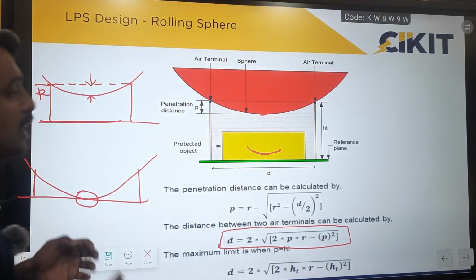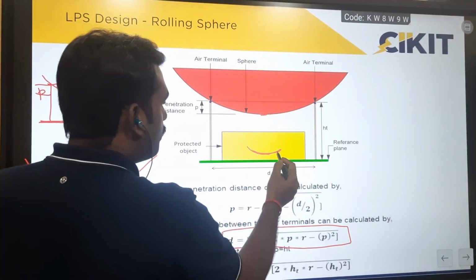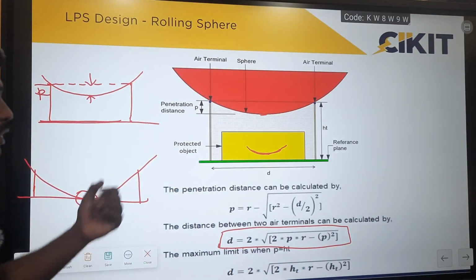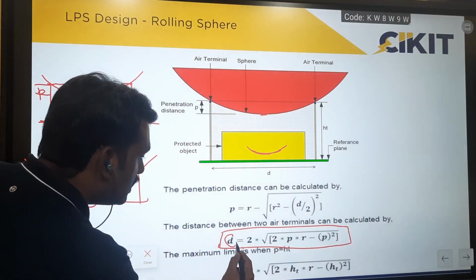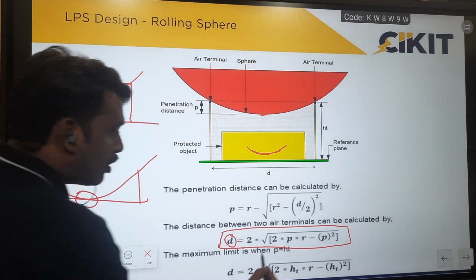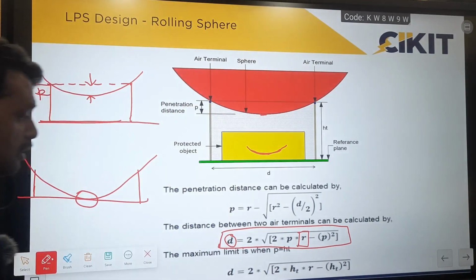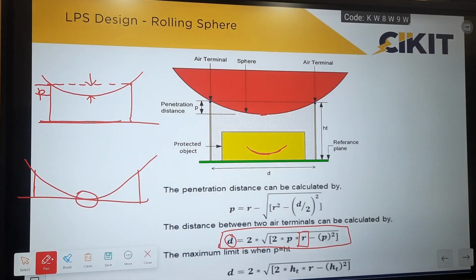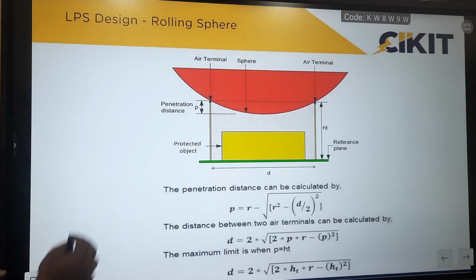If there are any objects, I have to consider the objects as well, and the sphere should not make contact with them either. So P is the penetration distance, D is the distance between the air terminals, and R is the radius. The radius depends upon the level of protection. Based on this formula, I can calculate the maximum distance between two air terminals. So we have to note one point here.